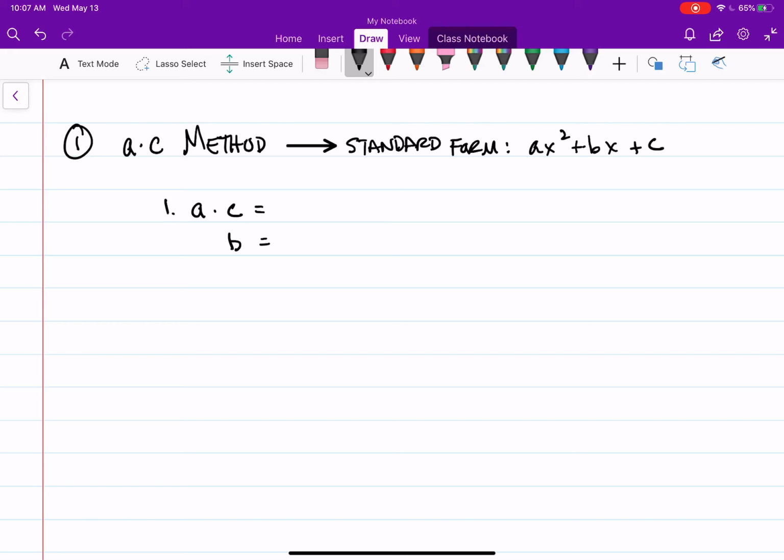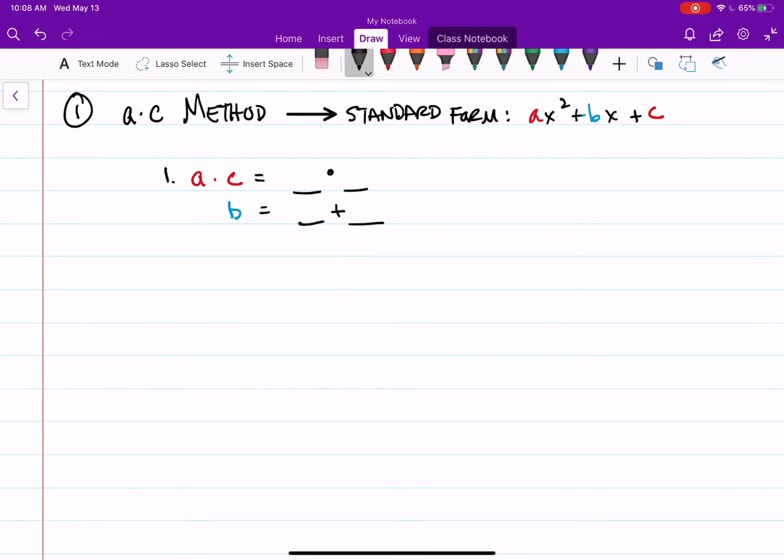Let's make this red, and this red, and then make this blue, and this blue. Essentially, we want to find two numbers that multiply together to give you the product of AC, and the same two numbers add together to give you the sum of B. I'll explain when I do an example.